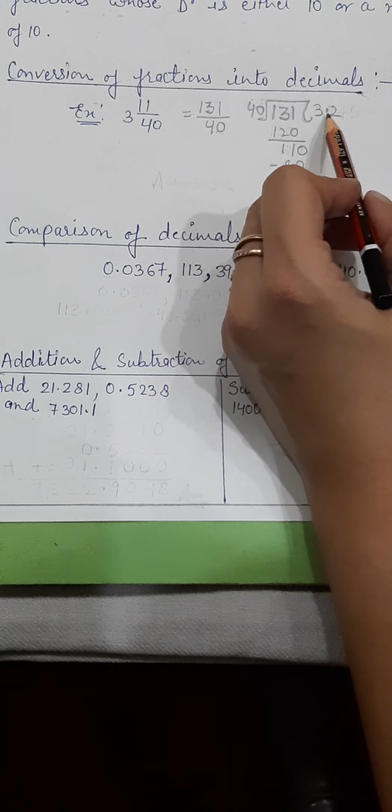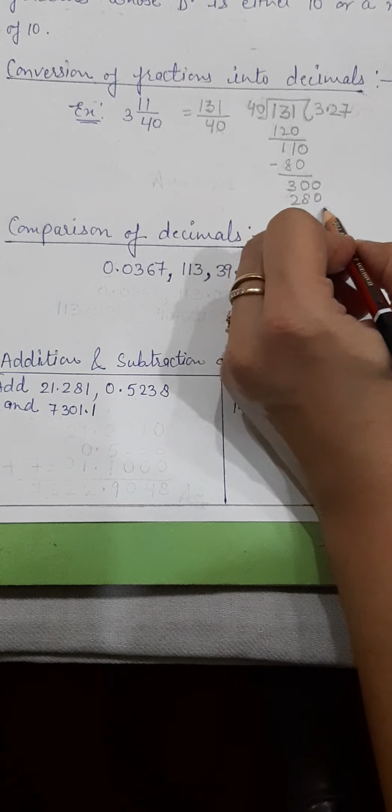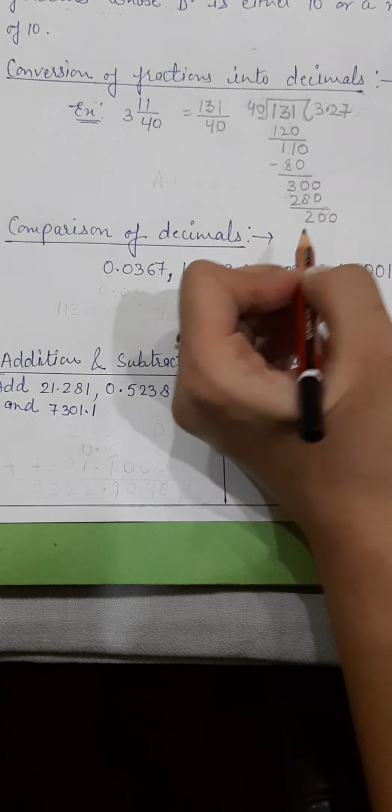Clear? The decimal you have already placed here, so you can add 1 zero. Now 7 fours are 28, so 7 into 40 is 280. Clear? When you subtract, 20 will come, and then you can add 1 zero over there.